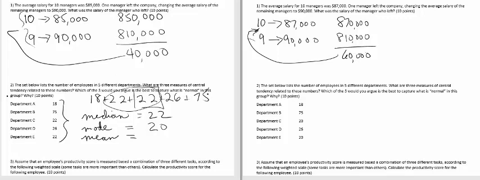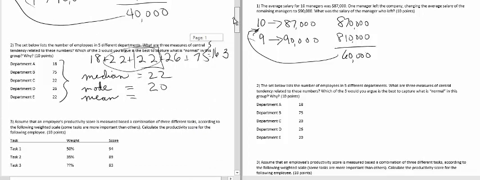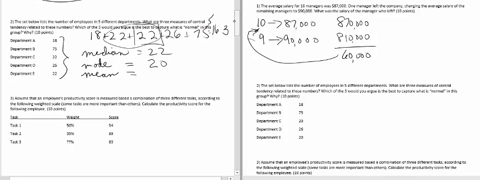We have 163, and there are 5 numbers here, so the average number here is, well, let me double check that.